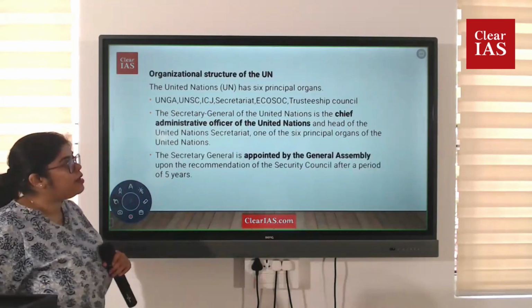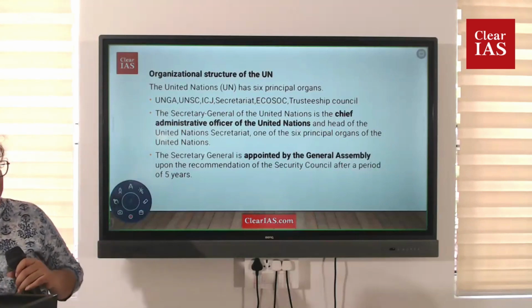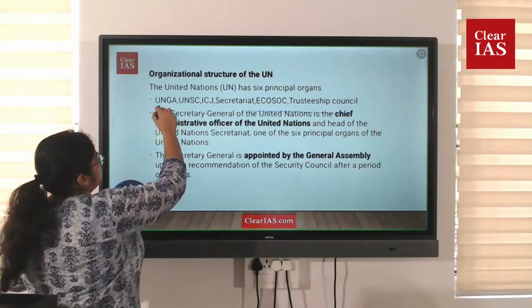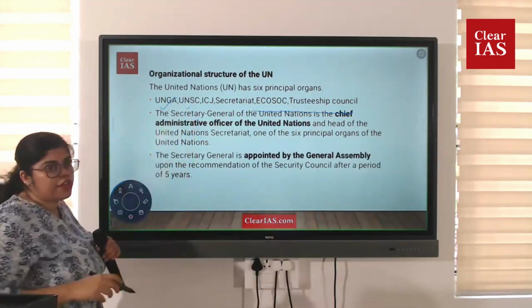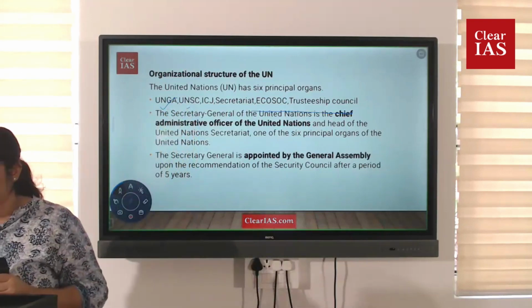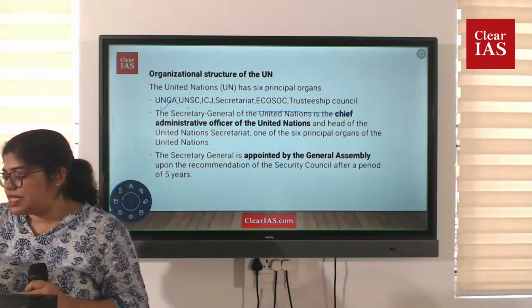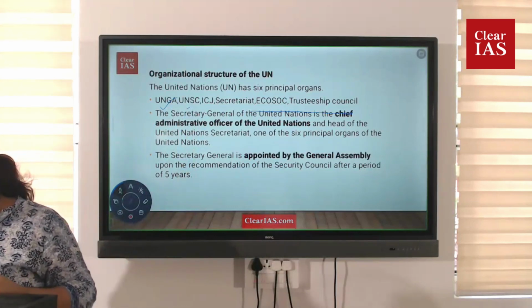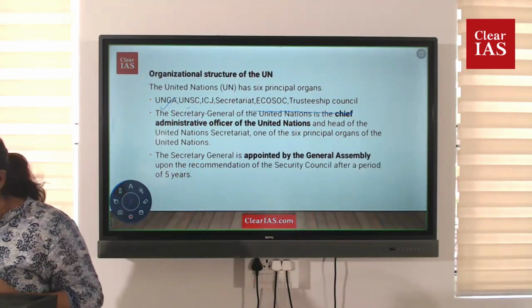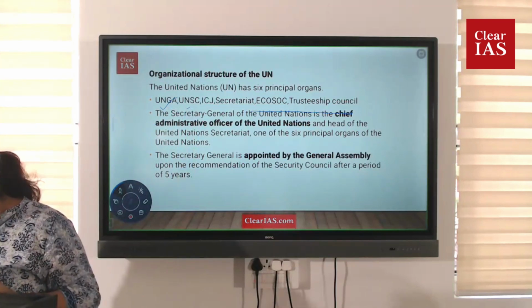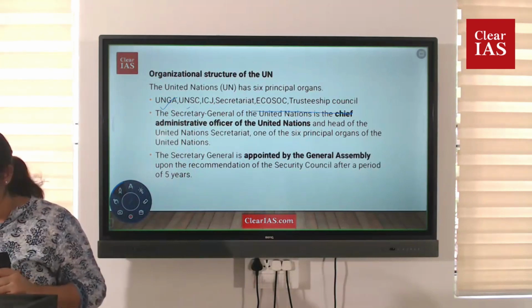Organizational structure of the UN. The UN has a General Assembly, UNGA. Then you have a Security Council. Then you have the ICJ, which we already discussed in the year 1947. Then we have a Secretariat. Then we have ECOSOC.